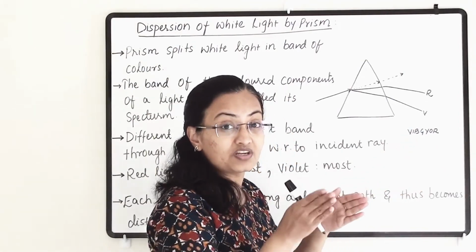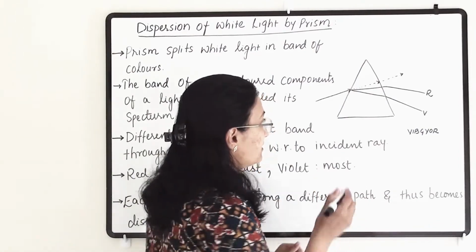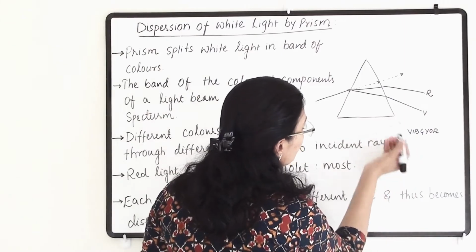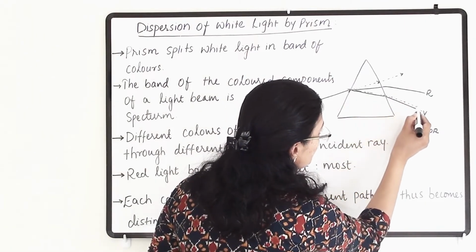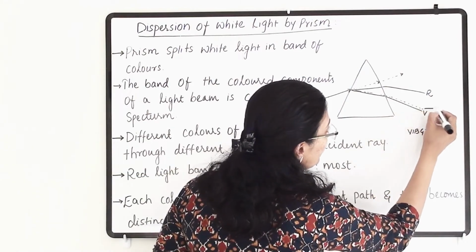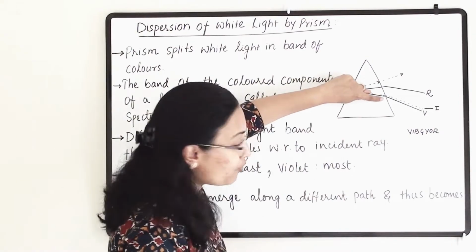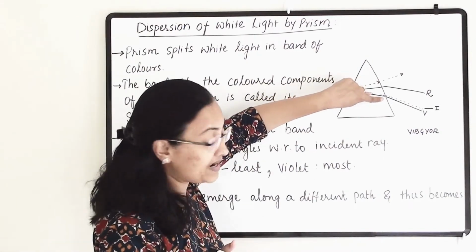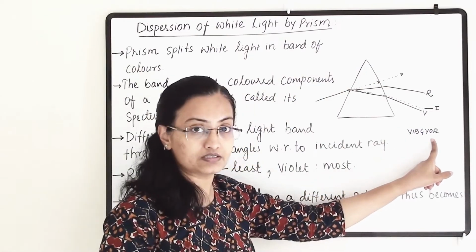Each and every color will bend separately and at a different angle. For example, after violet comes indigo, so we will see that color's path just above violet. So the angle of bending for violet light is different compared to indigo, and so it is for all the colors.